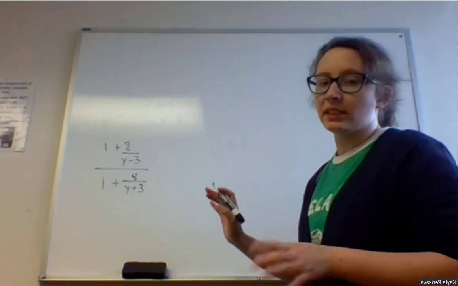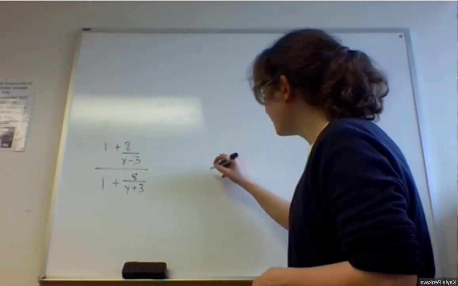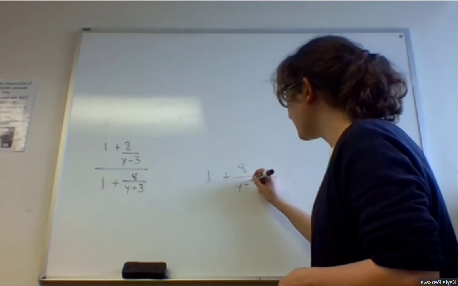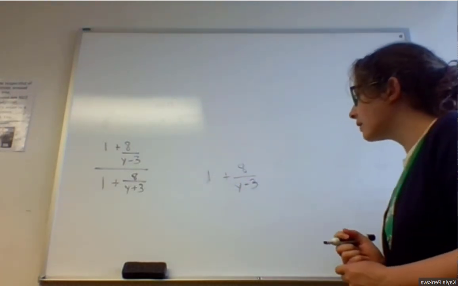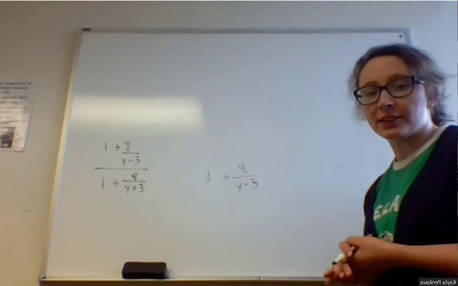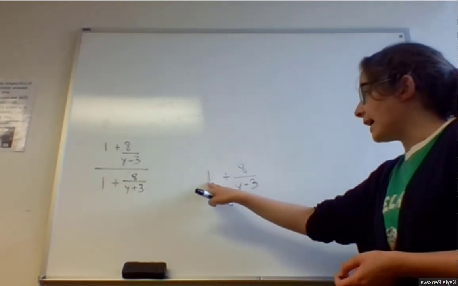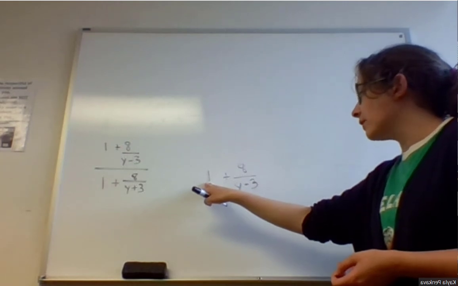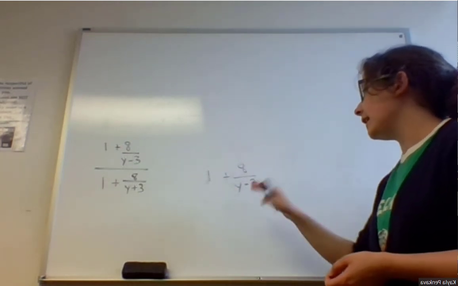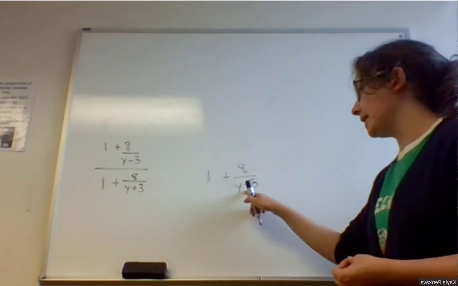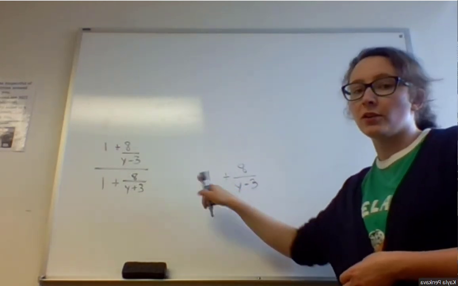So let's just look at the top for now. We have 1 plus 8 over y minus 3. To add fractions together, they have to have common denominators. So we want 1 to have the same denominator as 8 over y minus 3. We can do that by multiplying y minus 3 on both top and bottom of 1.